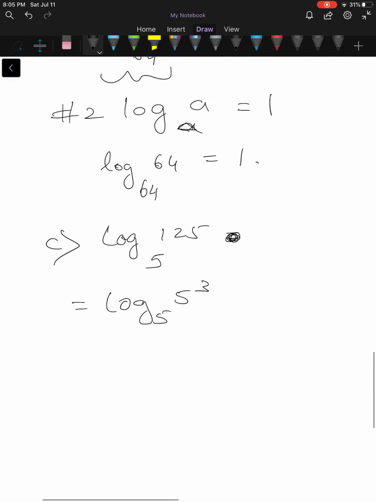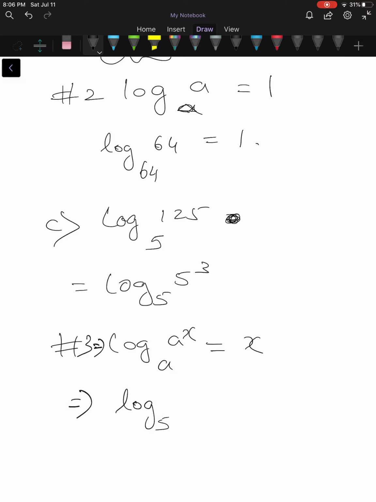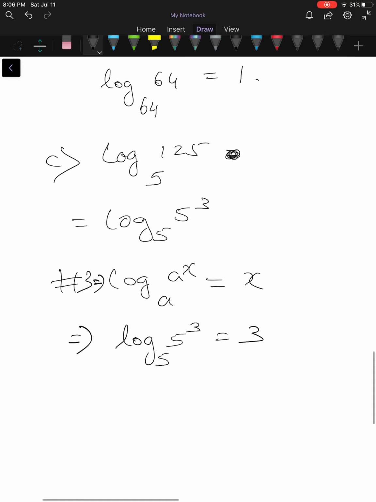Now applying property number 3 again, that is log of a to the power x to the base a will be x itself. So log to the base 5 of 5 cubed will be 3, applying the property.